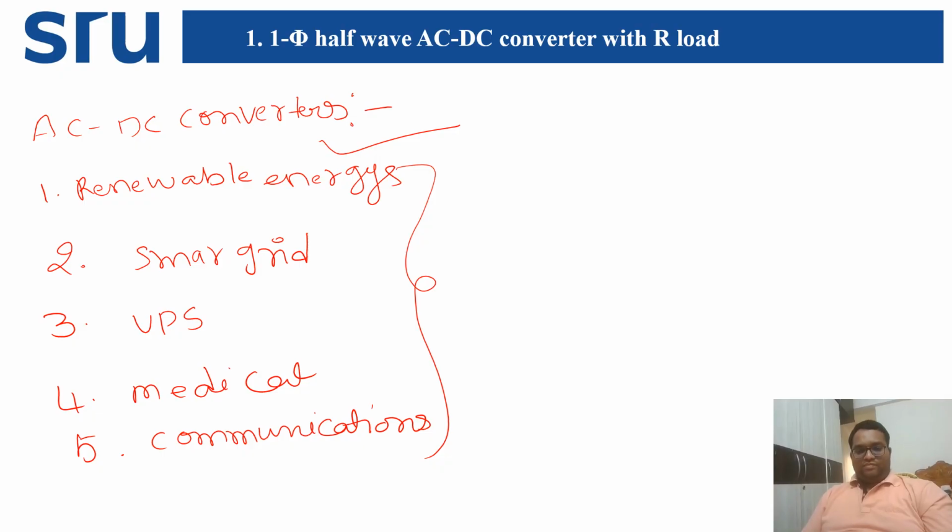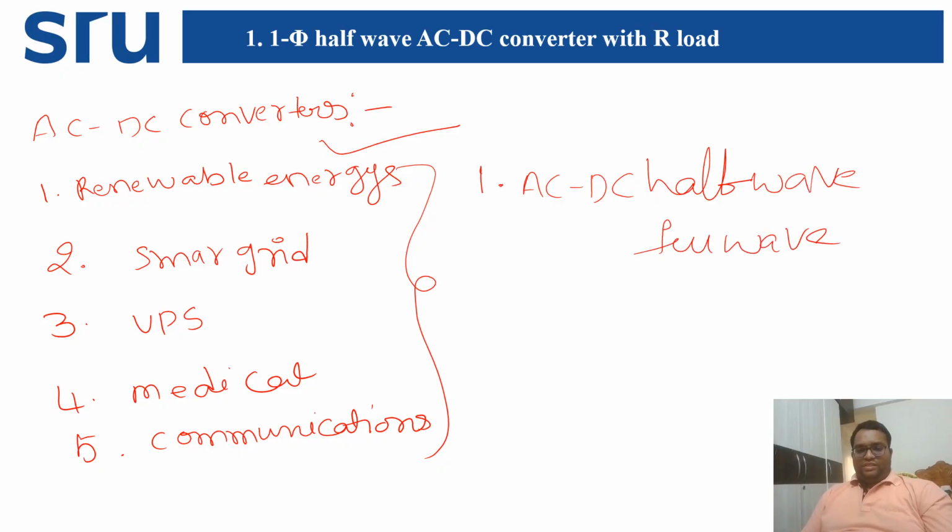Now there are different types of AC to DC converters. First is AC to DC half wave, AC to DC full wave, and then three phase half wave, and three phase full wave.